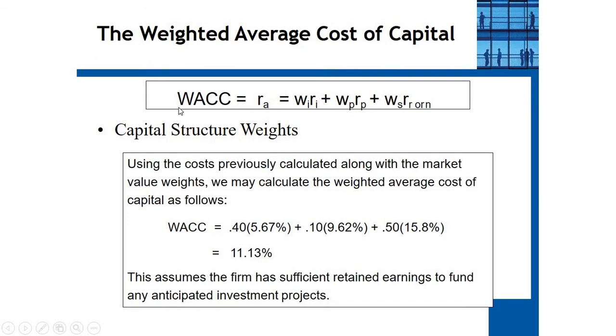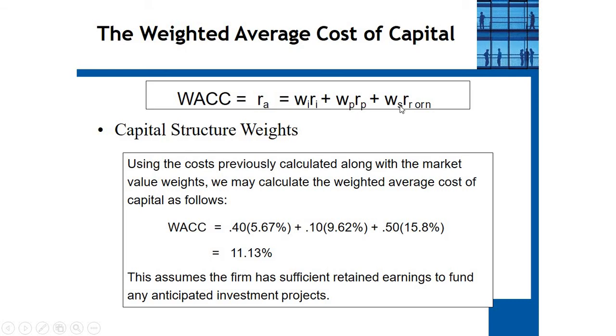So here is the formula of weighted average cost of capital. So first of all, Wi into Ri. Wi indicates weight of the firm's debt. Ri indicates after tax cost of debt. Then Wp into Rp. Wp indicates weight of preferred stock, and Rp indicates cost of preferred stock.